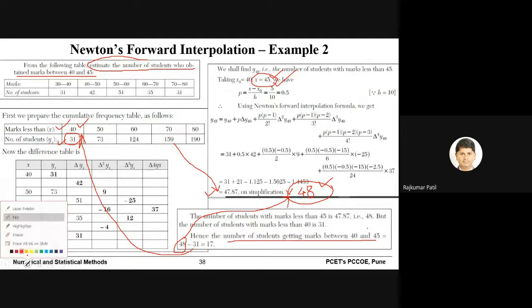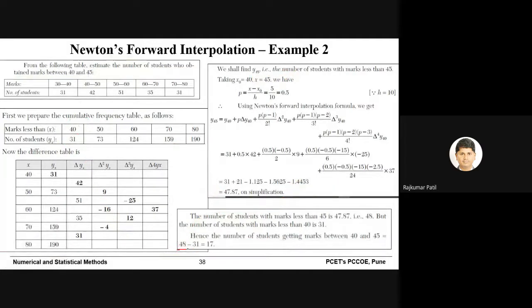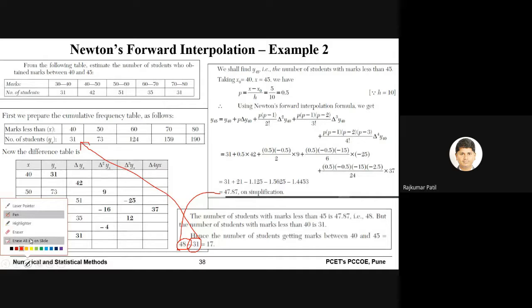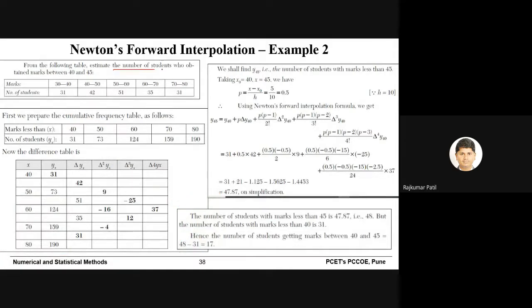So that's why we are taking the difference between 48 and 31, and whatever difference you get, that is the correct answer for the number of students who obtain marks between 40 and 45. The correct answer is 17. So this is the final answer for the given problem.